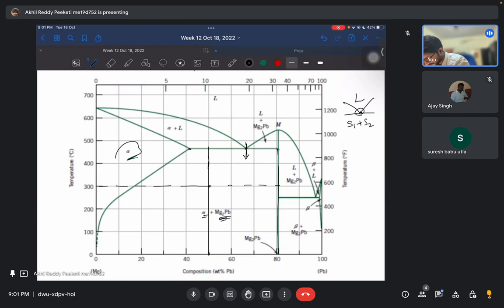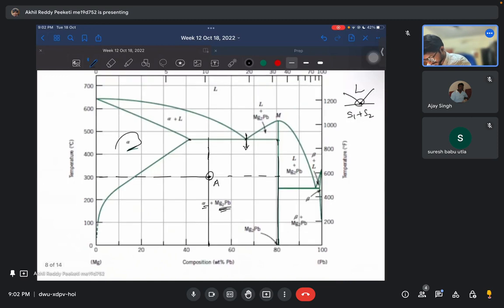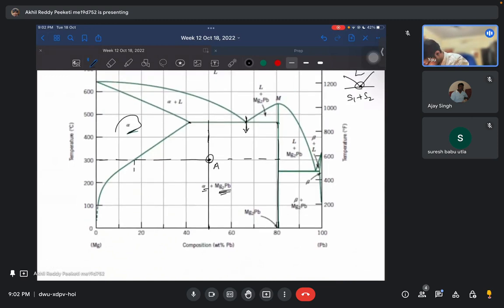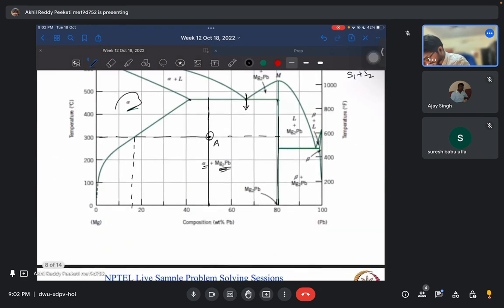Okay, so if this is this point A, trial A, now what will be the alpha fraction? So this is let's take it as 81. Okay, and what would be this? Let's take it around 17.